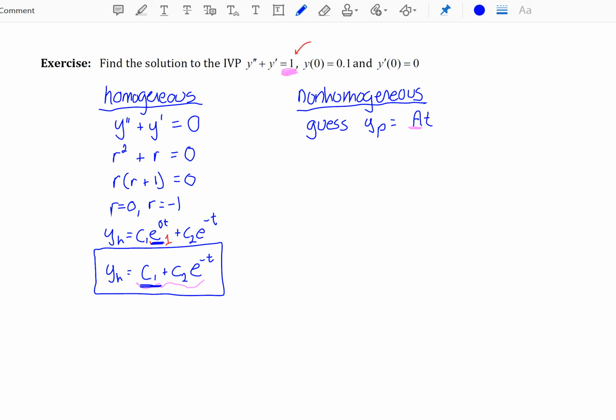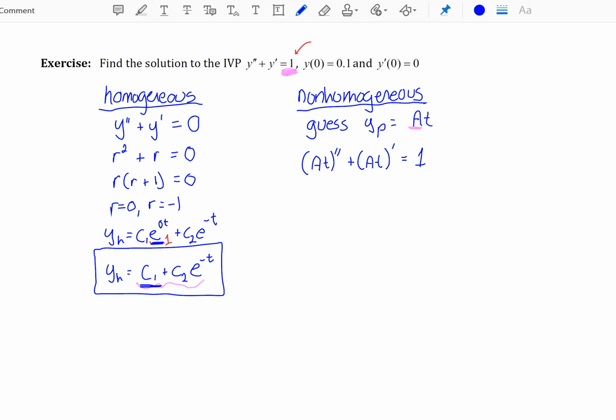Now, if this is a solution, it has to satisfy the differential equation. So let's plug this proposed solution, At, into our DE. And ask, when will this equal 1?